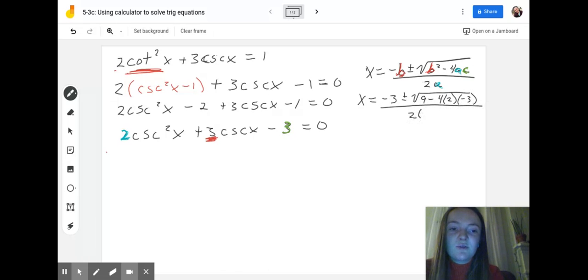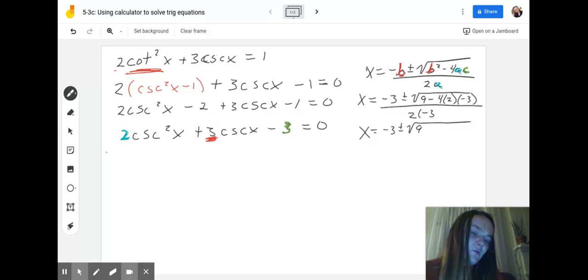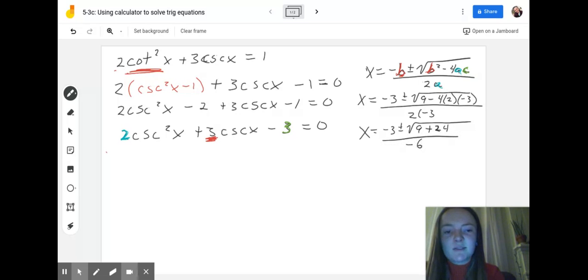So that's going to be 2 times negative 3. If I simplify this, I get negative 3 plus or minus the square root of 9 minus 4 times 2 is 8 and 2 times 3 is 24, but it's a negative, so plus 24, all over negative 6. So x is going to equal negative 3 plus or minus square root of 33.